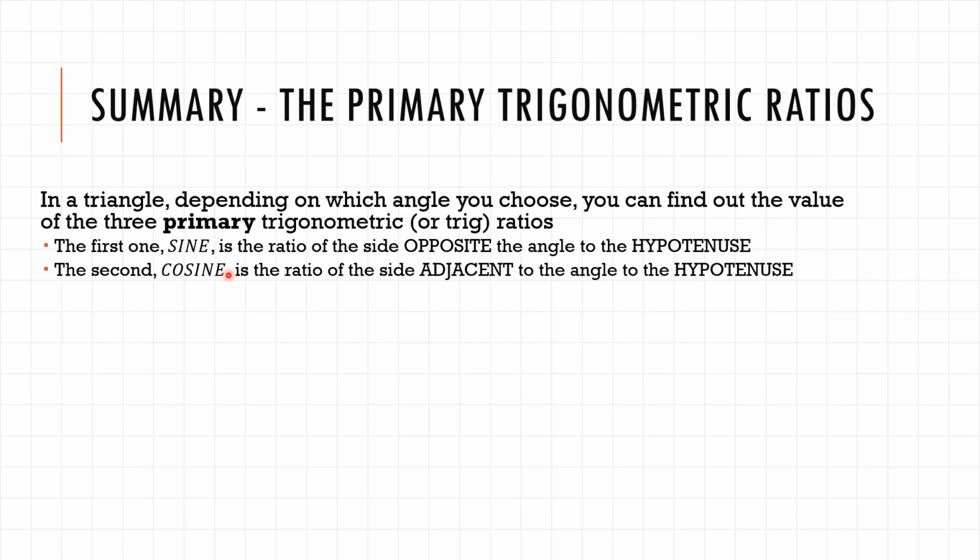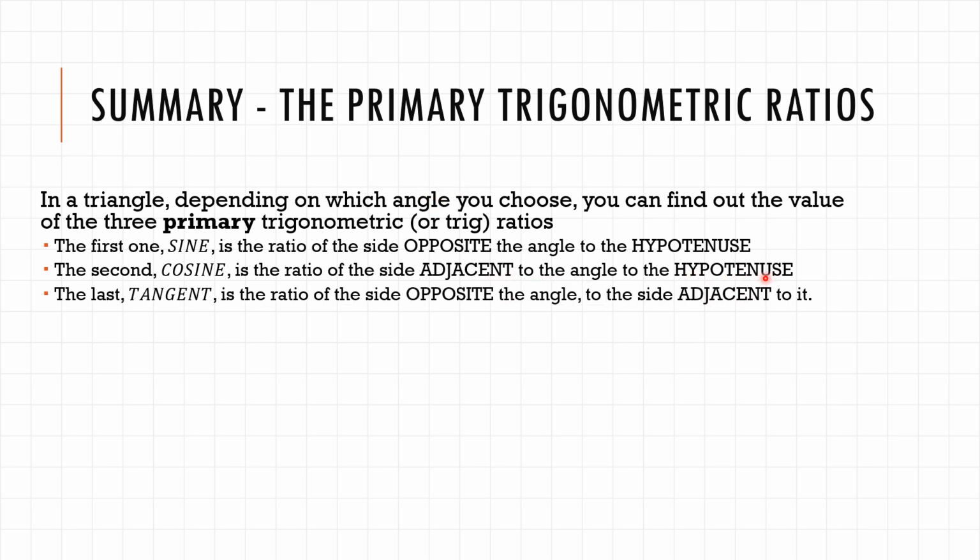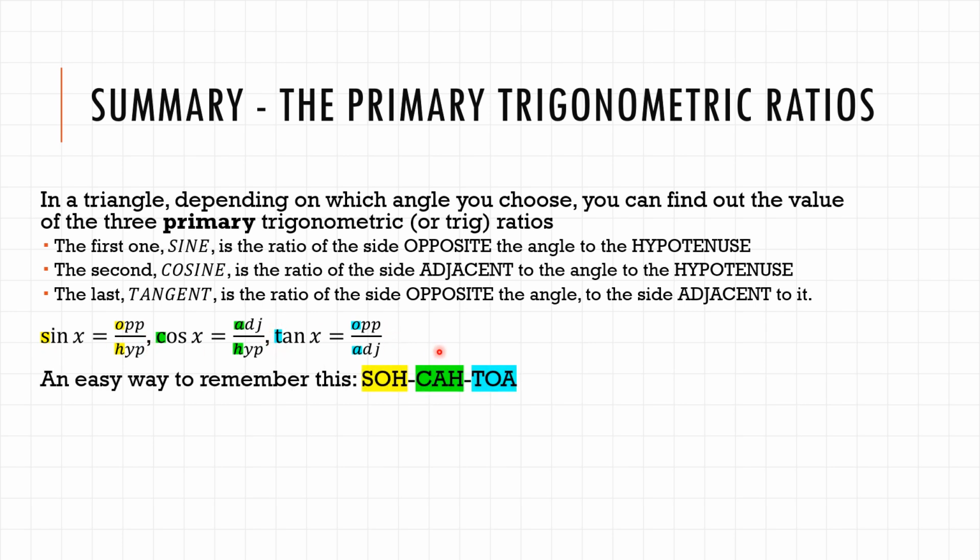The cosine ratio tells you the ratio of the side that is adjacent to the angle in comparison to the hypotenuse. And finally, tangent tells you the ratio of the side that is opposite the angle that we're looking at in relation to the side that is adjacent to it. In a nutshell, these are the three equations that relate an angle measure to the two relevant sides. And an easy way to remember all three equations at the same time is SOHCAHTOA.